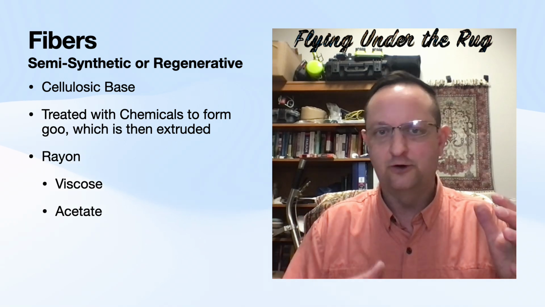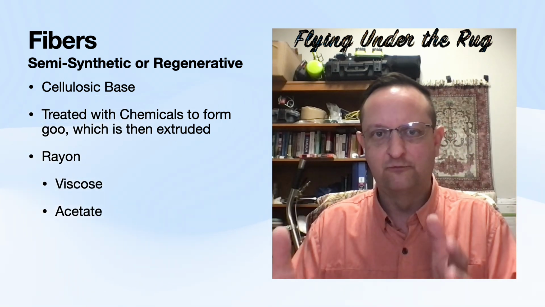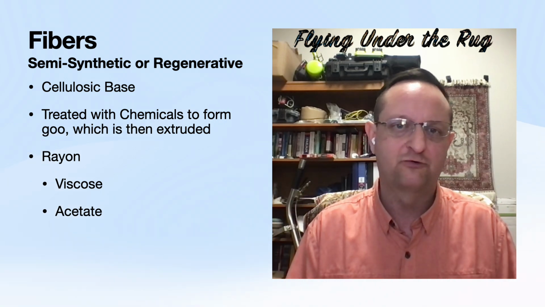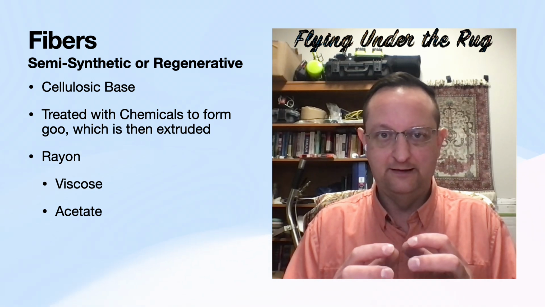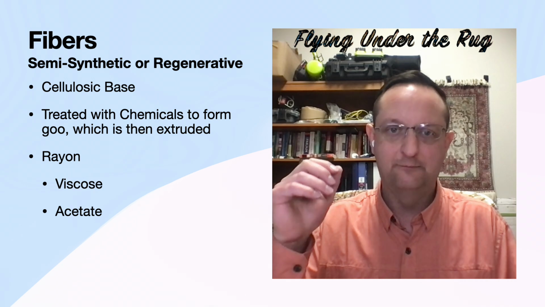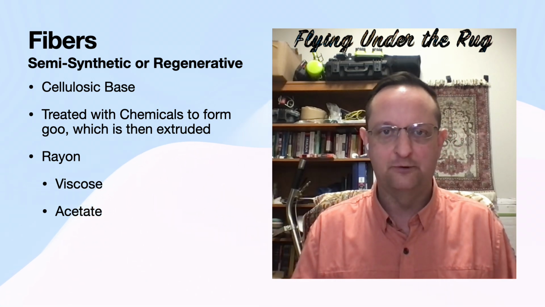Imagine going out into your yard and raking up a big pile of leaves, and then they run that pile of leaves through a shredder, and then they douse it in really, really strong chemicals. That will melt the cellulosic material down into a liquid, and then they will extrude that. And that's why it's a semi-synthetic fiber.